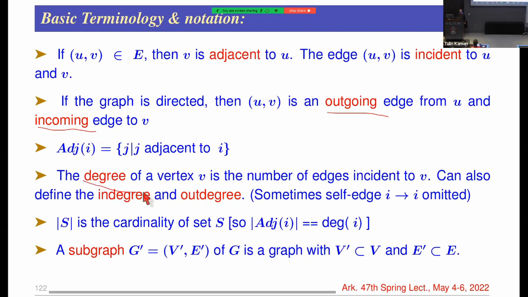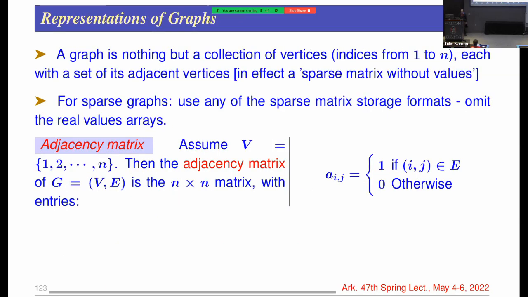The degree of a vertex is the number of edges that go out of that vertex. You can also distinguish between incoming and outgoing degree. Let's move to the other. So here, one definition that's important in what we do is the adjacency matrix.